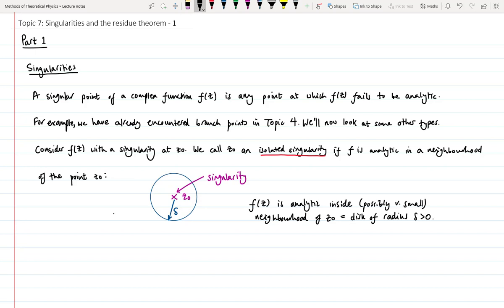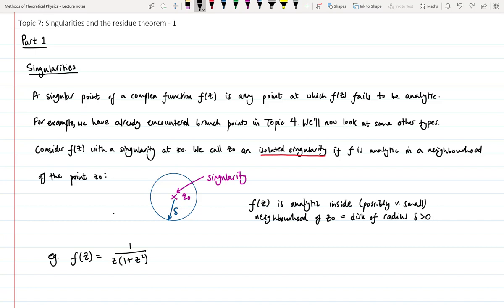To make this clearer, I'll give you a couple of examples. First of all, let's consider f(z) = 1 over z(1 + z²). You can see that this function is going to be singular when the denominator vanishes, and that happens when z equals 0, or if you factorize the term in brackets, it'll also be 0 when z is plus or minus i.